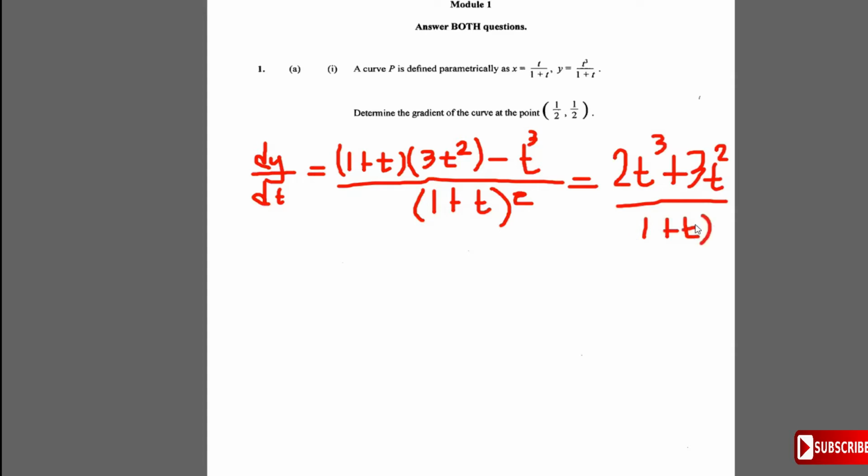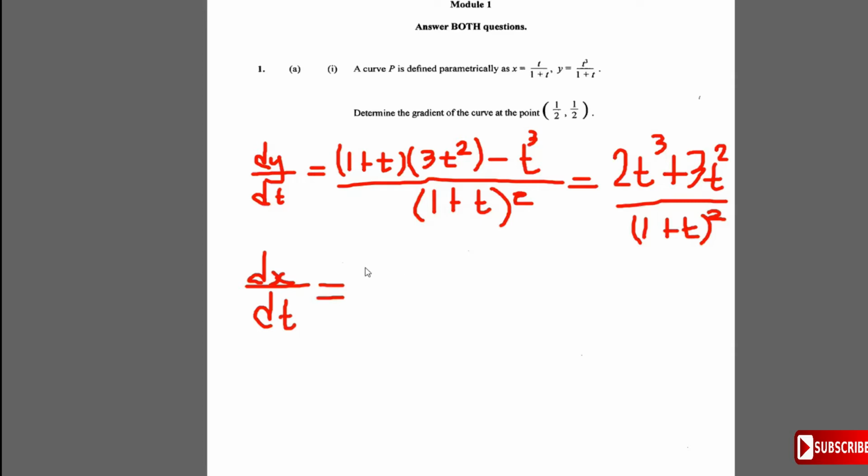Now let's find dx/dt. That means we're differentiating x with respect to t.